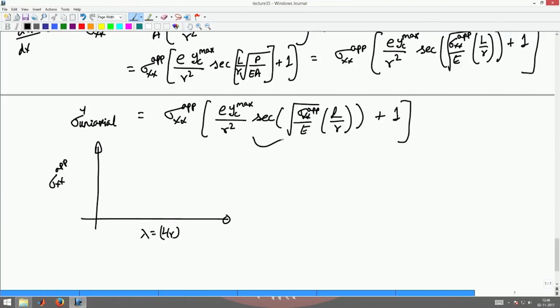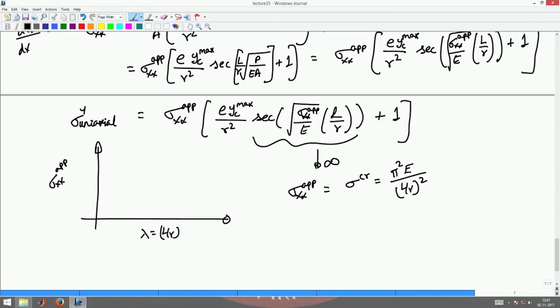You find that this term tends to infinity when sigma xx apparent is equal to sigma critical that we found before, which will be nothing but pi square E divided by L by r whole square.